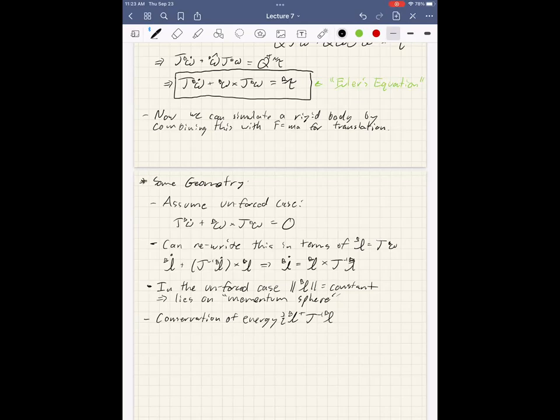I plug in omega equals J inverse L, and I get this thing. So what shape is that? This guy, the norm constant, is a sphere. This thing, this quadratic form, is constant. What shape does that make? Yeah?